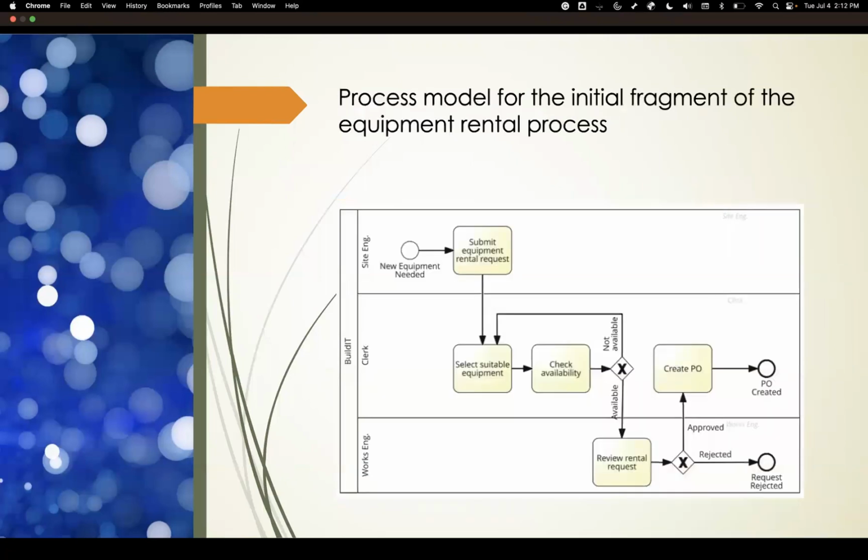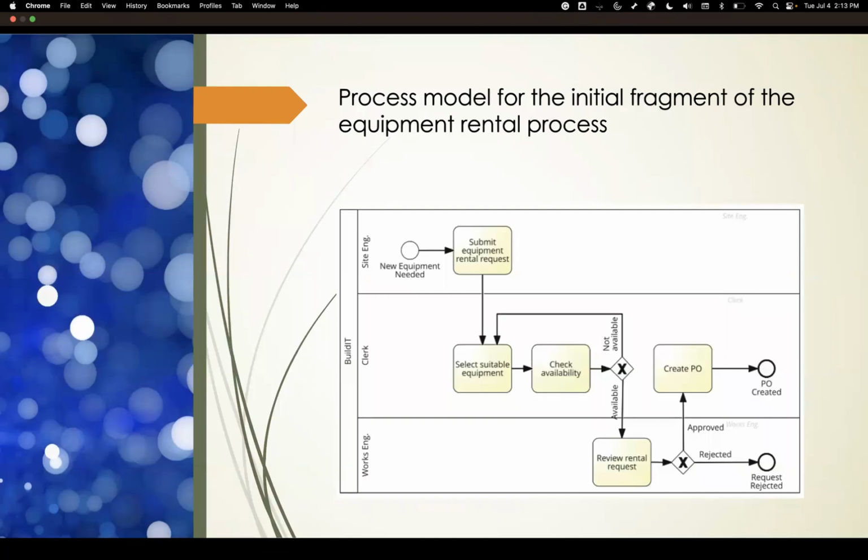Now moving to the next slide. There are many languages for modeling business processes diagrammatically. Perhaps one of the oldest is the flowchart, as you can see in this slide. In their most basic form, flowcharts consist of rectangles which represent activities and diamonds which represent points in the process where a decision is made.